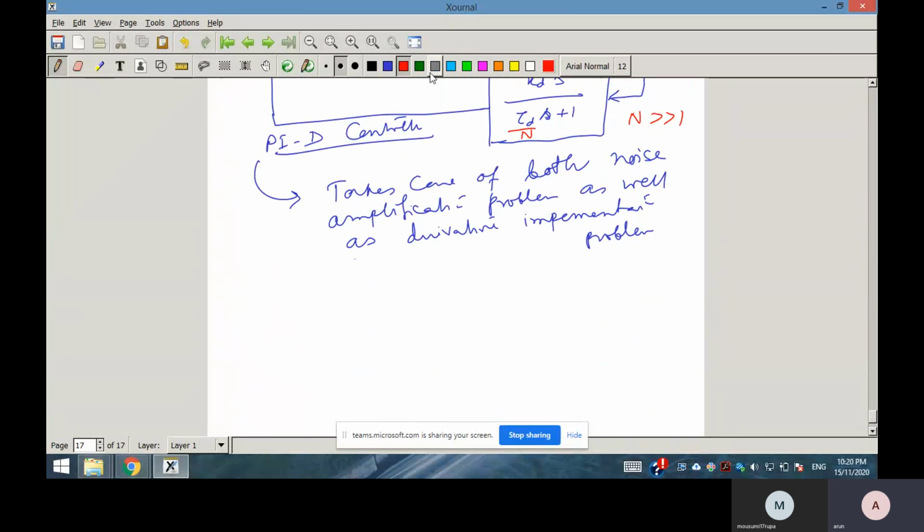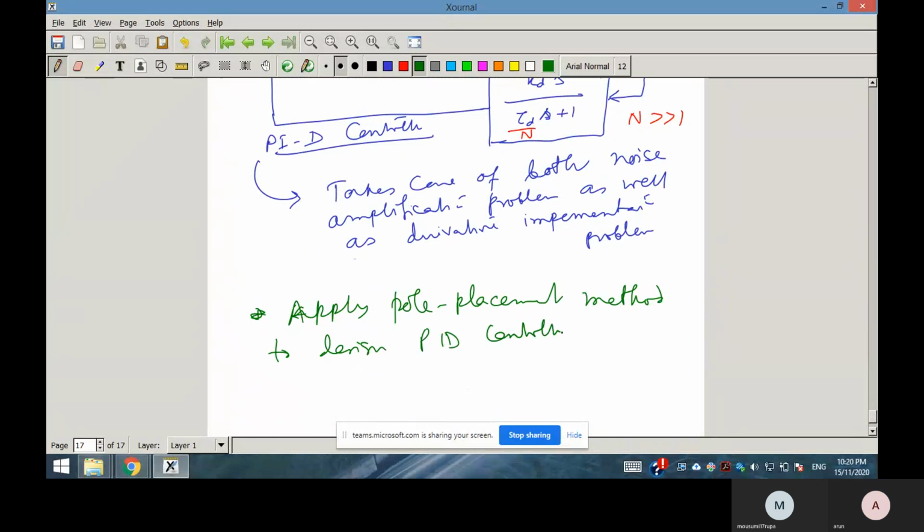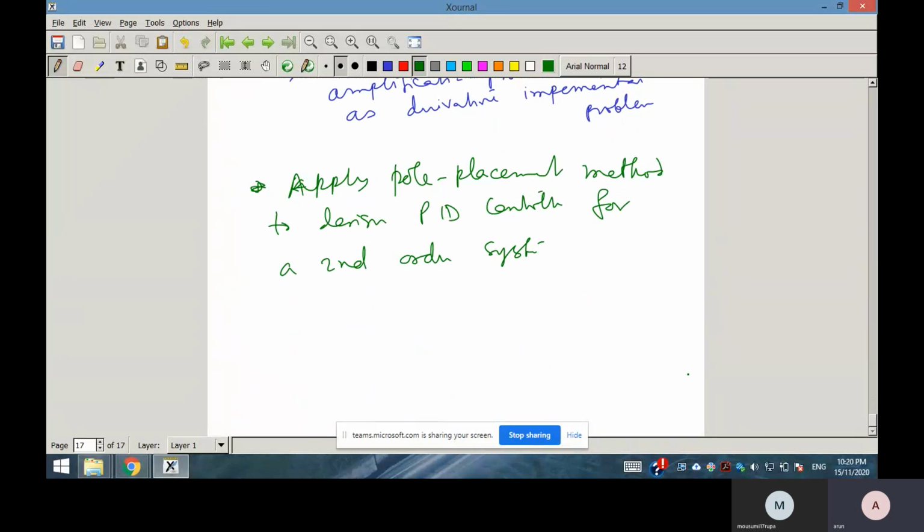So just apply the pole placement method to design a PID control for a second order system. Suppose your G(s) equal to (B2 s plus B1) divided by (s square plus A2 s plus A1).